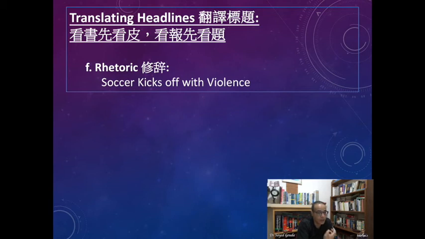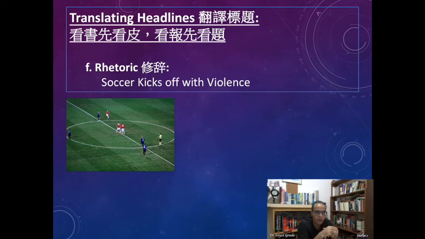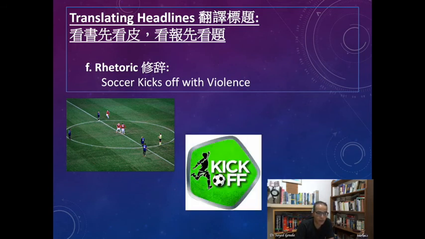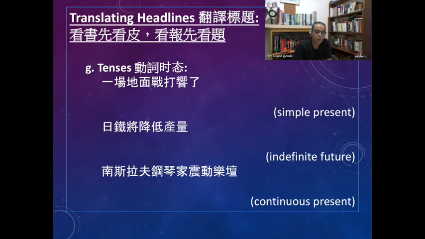Always try to use rhetoric. For example, a headline says "Soccer kicks off with violence." It's rhetoric, because we know that kicks off means to begin, and soccer is about kicking the ball. The tense: always use simple present, never use past tense in the headline.